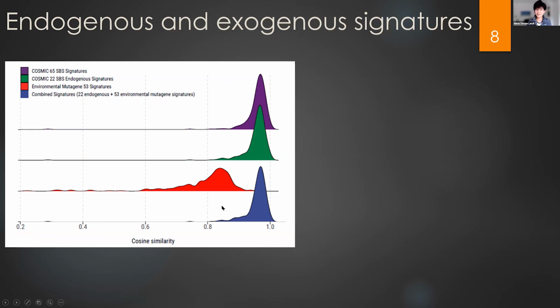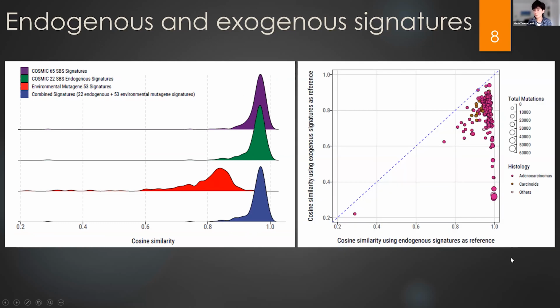We also tested the environmental mutagen signatures that were derived from induced pluripotent stem cells, and the combination of endogenous and exogenous. As you can see, the cosine similarities of the endogenous processes seem to be the best. In fact, when we compare exogenous versus endogenous, all samples were better explained by the endogenous processes than by exogenous exposures.